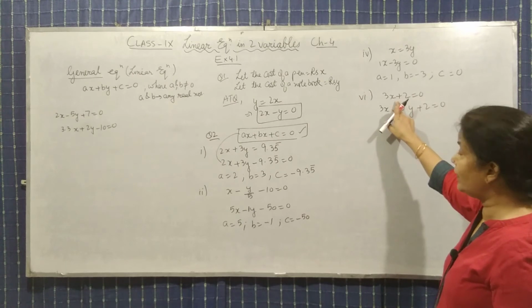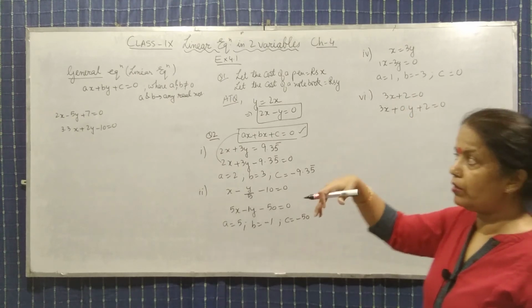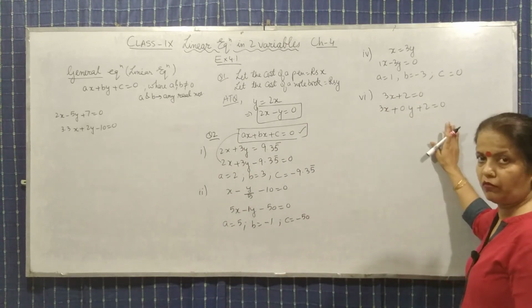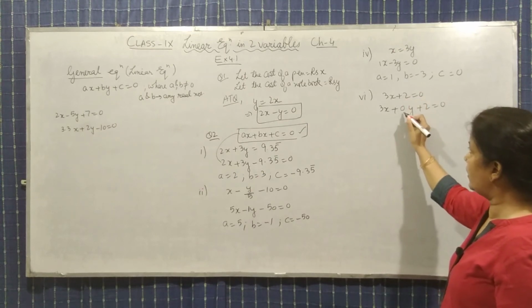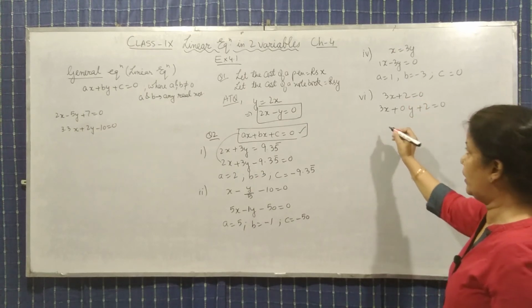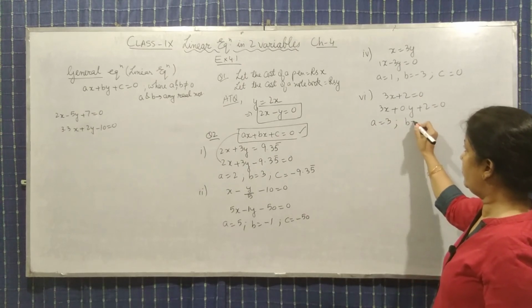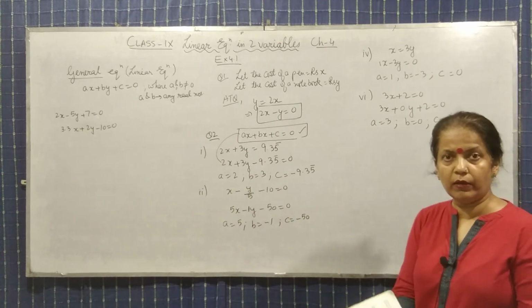Though this is not a linear equation in two variables, the question is to express it in that form, so you can write it in this form. Now you can compare it. The y value is not there, so we have written 0 into y. Compare it: a equals 3, b equals 0 and c equals 2. Clear?